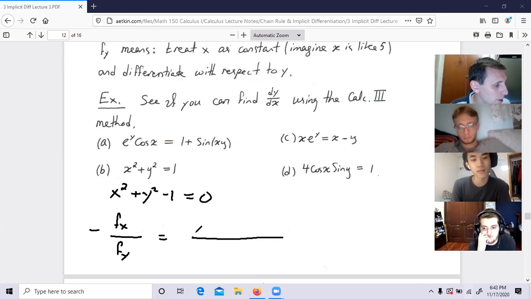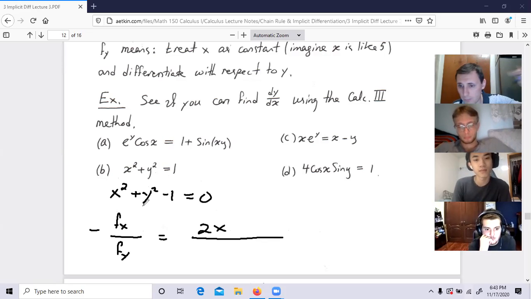The derivative of this expression with respect to x is 2x. Again, I don't want you to be confused. In my original way of solving it, there is an expression involving x here. But when I do this procedure, I treat this as a function and don't treat y as connected to x. I imagine it's like x squared plus 5 squared minus 1. So it's really 2x, everything else 0.